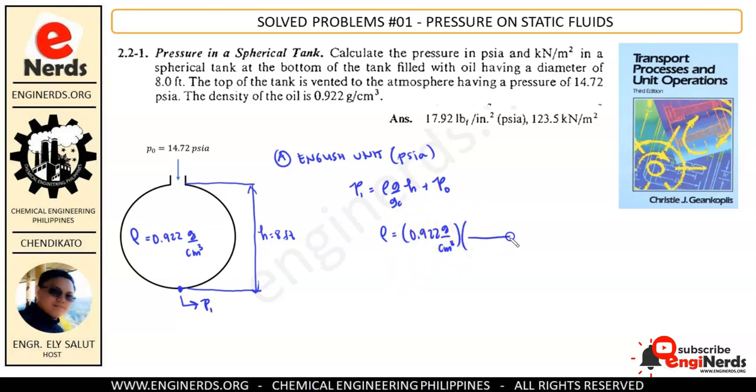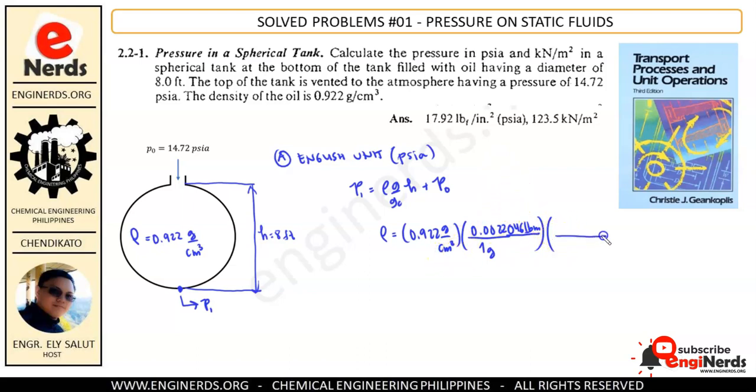So, 1 gram is equal to 0.0022 pound. Okay, so this is in pound mass, no? Para hindi tayo malito. And then, convert natin itong cubic centimeter into feet cube.